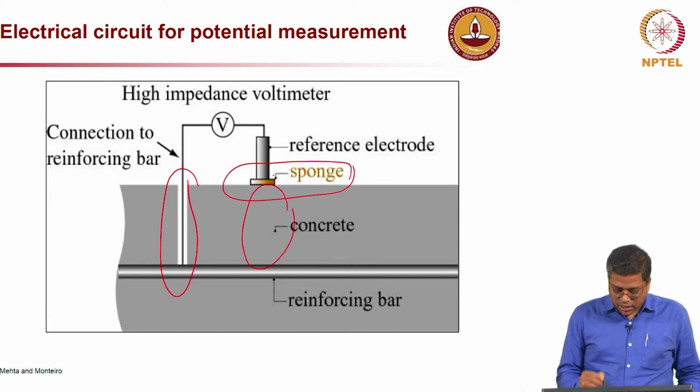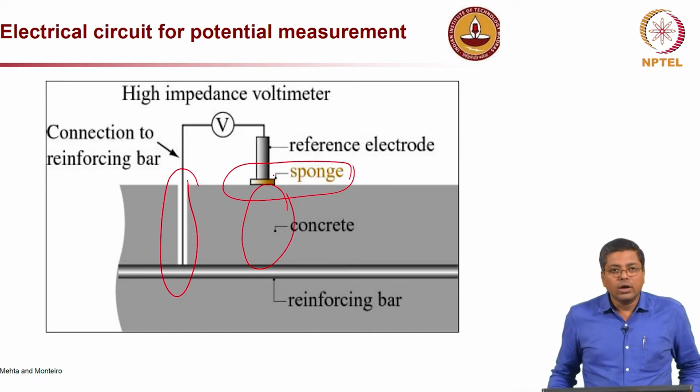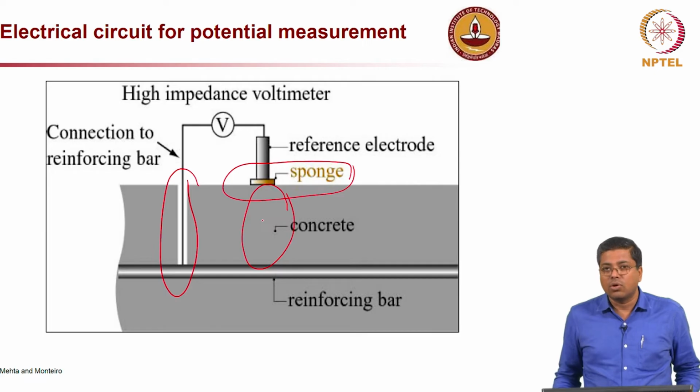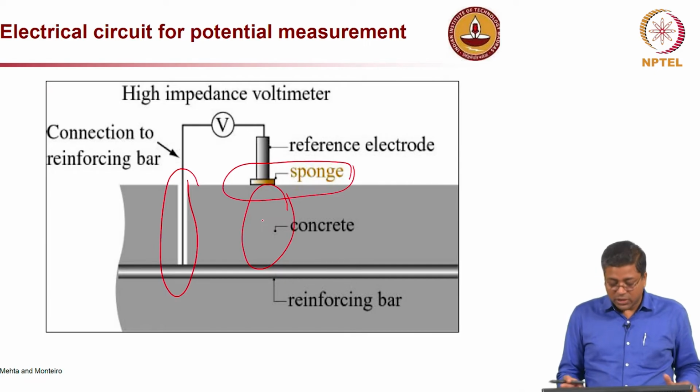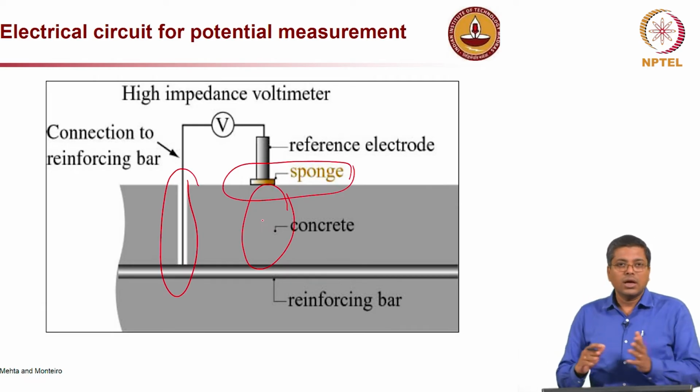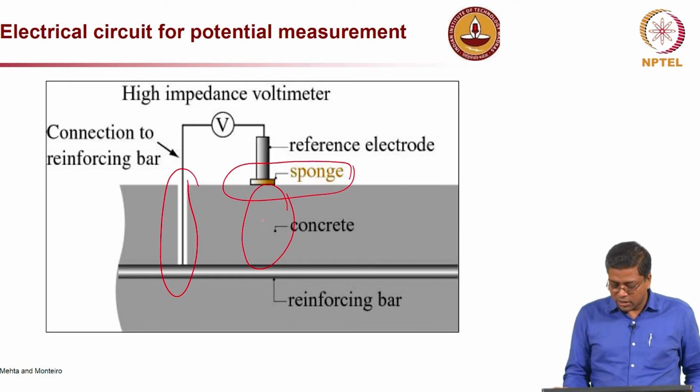So, the moisture condition of the cover concrete plays a significant role in the measurements which you get. If it is relatively dry, you may get very different results as compared to a relatively wet concrete cover.